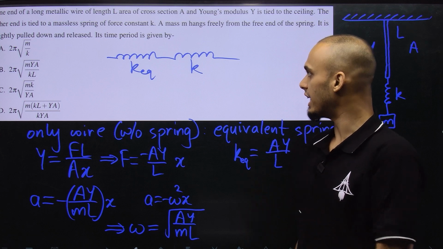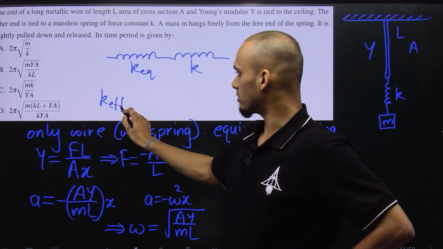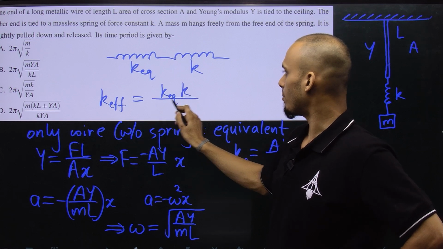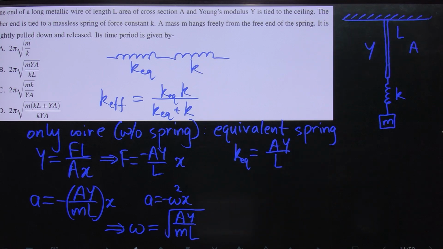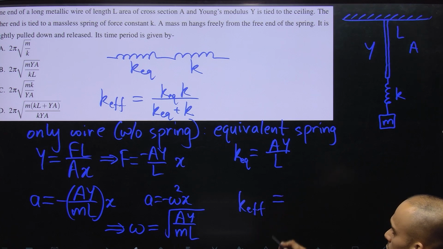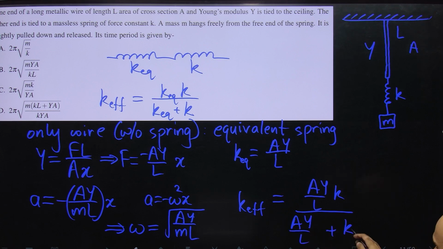And we know that a series combination of two springs gives us an effective spring constant as K1 into K upon K1 plus K. So this effective spring constant K effective will be equal to K equivalent into K. So A into Y upon L into K upon the sum of them, A into Y upon L plus K. We can take L to the numerator and then cancel.